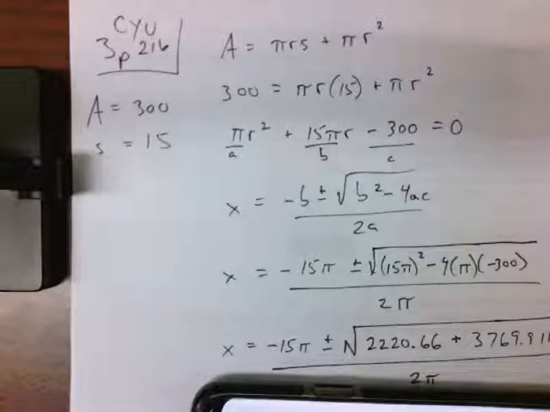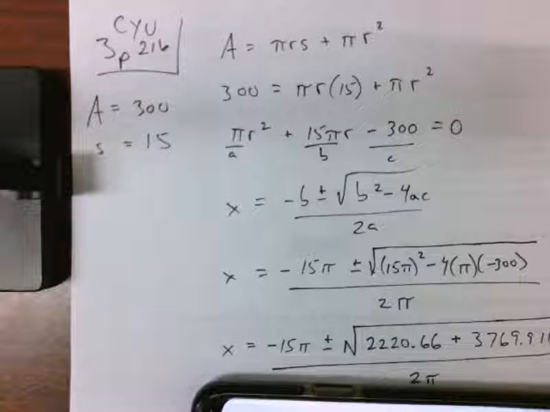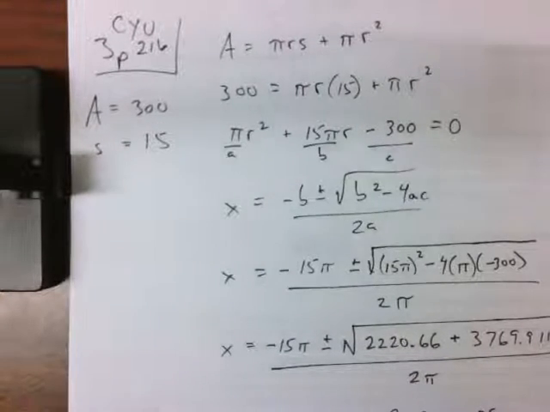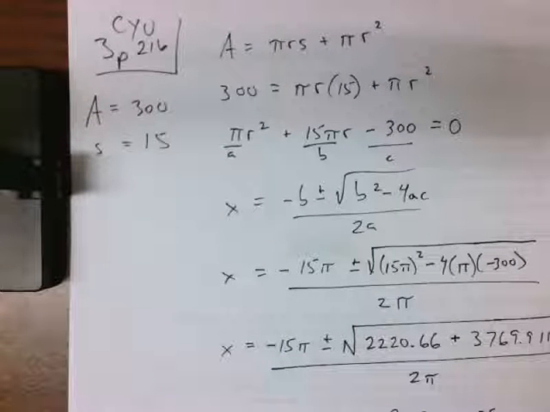Just kind of using this stuff here. 2220.66 plus 3769.9112 equals this. Then I'm going to take the root of that. Wish my other calculator was working. And try that one more time.